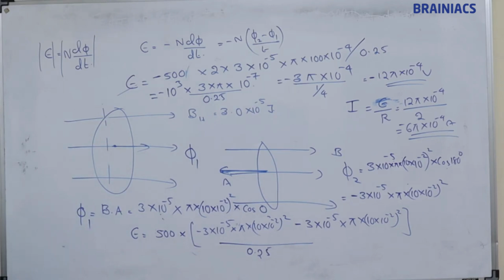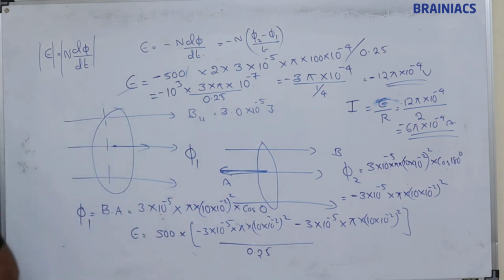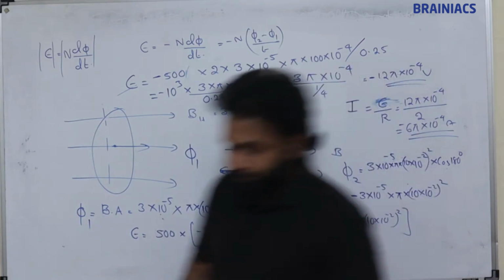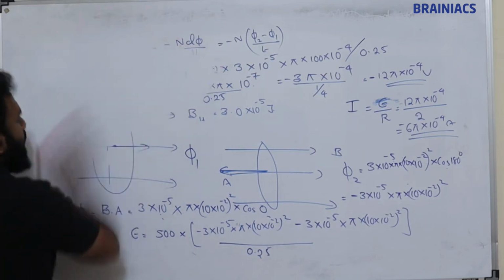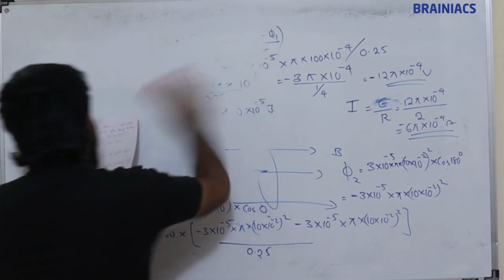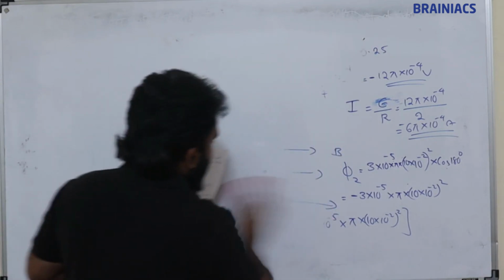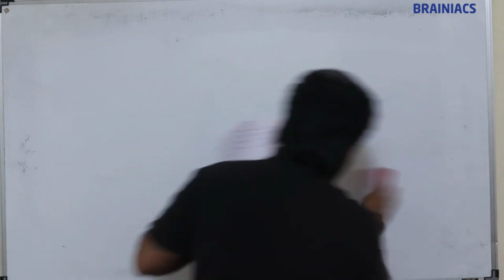So the third question is a loop of wire. A loop of wire is placed in magnetic field B equal to 0.3 J Tesla. Then find the flux through the loop if the area vector is, they have given this in vector form.